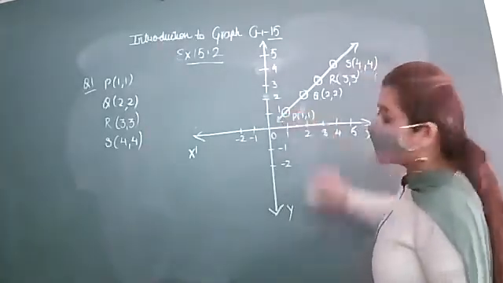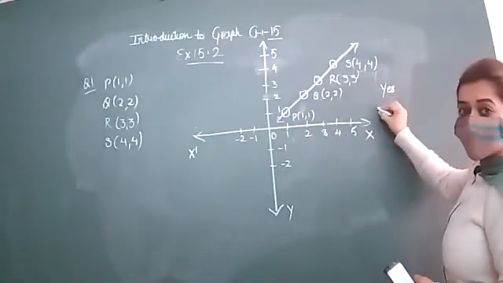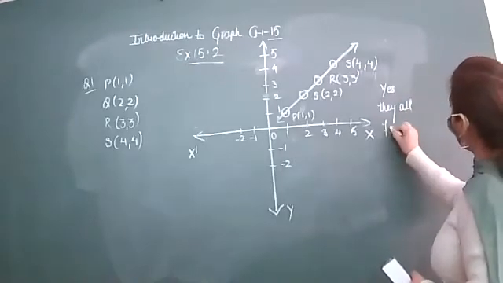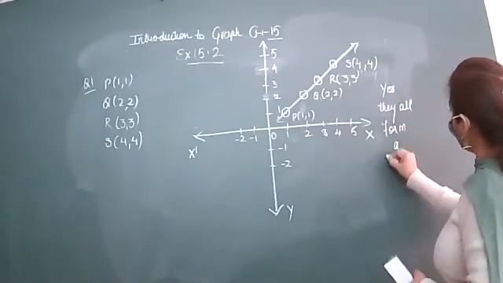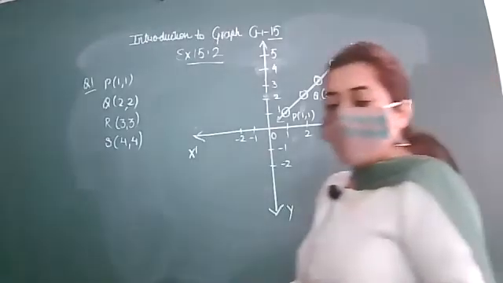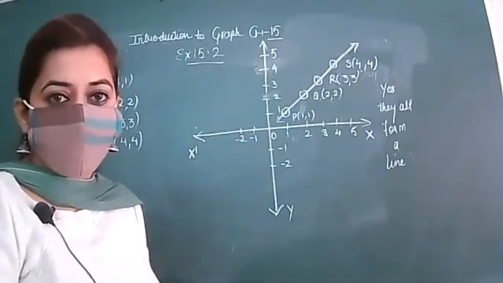So let's join this. And you will say here, yes, they all form a line. Or you can say that they form a line graph, or you can say that they form a linear graph.